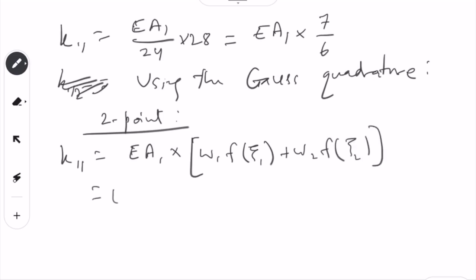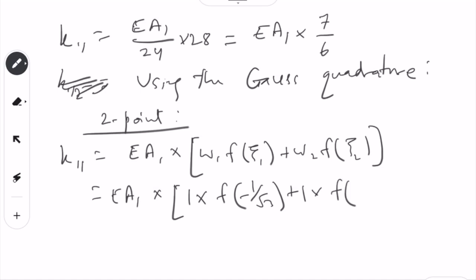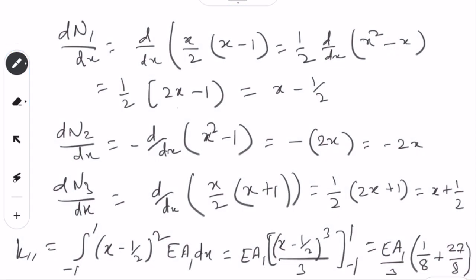EA1 multiplied by W1 was 1 only, and xi1 was minus 1 over root 3, plus 1 multiplied by F of 1 over root 3 is equal to EA1 times F of minus 1 over root 3.